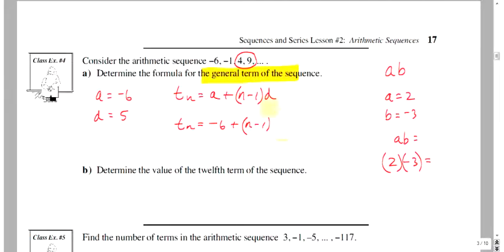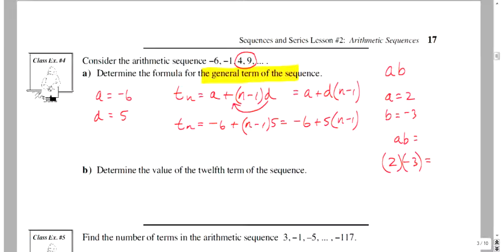So how can we make that a little nicer on ourselves? Let's put the D out front. Doesn't matter how I multiply these. That way, I think we're less prone to make a mistake, okay? So negative 6 plus 5 times negative 1. That's probably the way we want to do it.